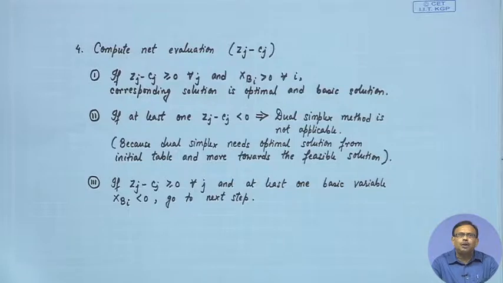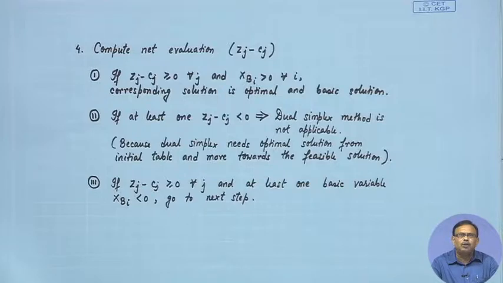Number 2, at least one z_j minus c_j is less than 0. If at least one z_j minus c_j is less than 0, then the dual simplex method is not applicable. Please note this one.